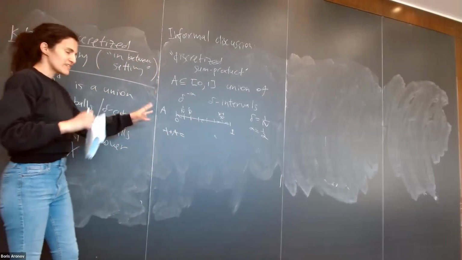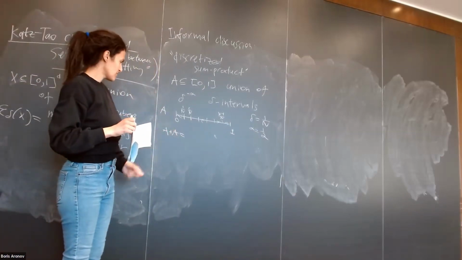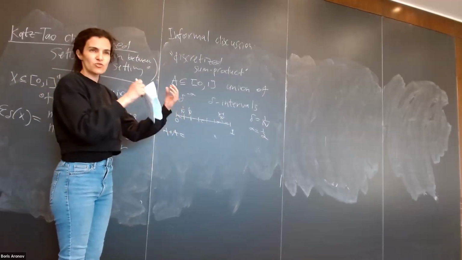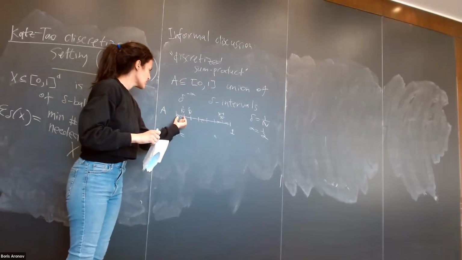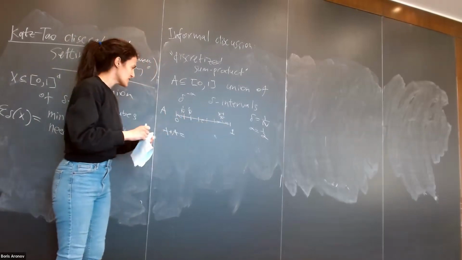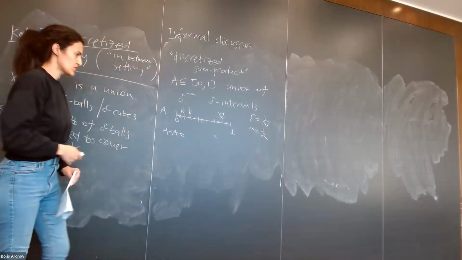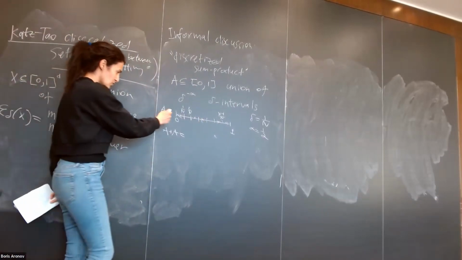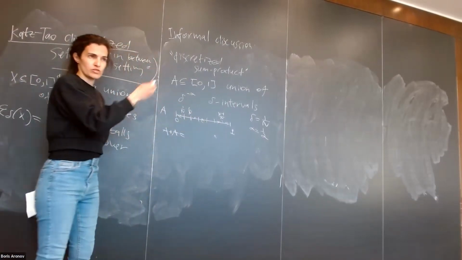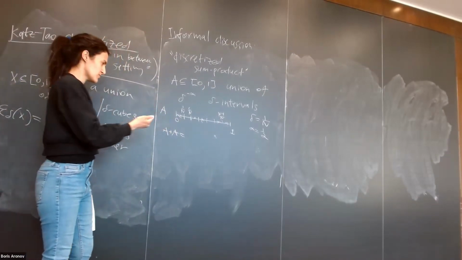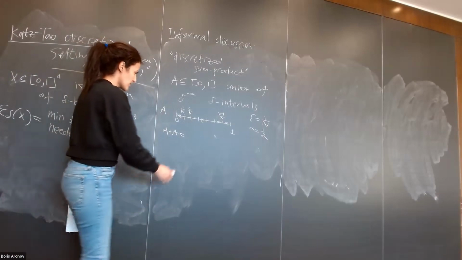And of course, by the continuity of the sum, we don't really need to look at the sum of all these infinite points. We can just consider the middle points of those intervals that we took in our set A. Look at the sumset of the middle points of the intervals, and from this we can deduce what A plus A is. So it really is like a finite problem.